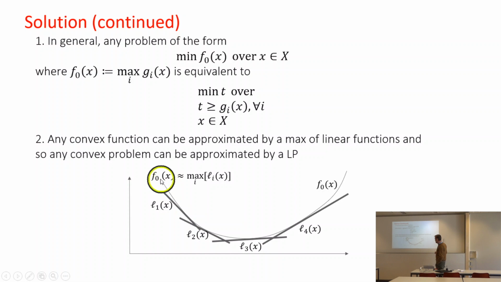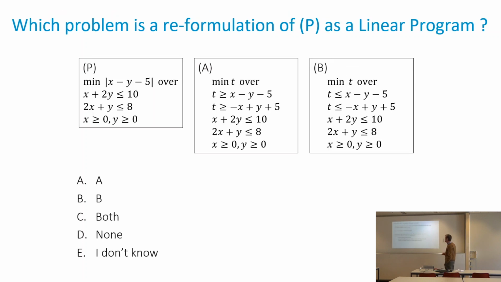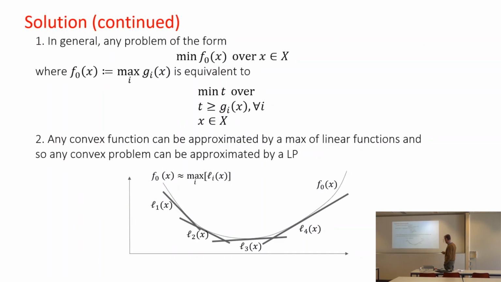So f0, this convex function, for example, x squared, can be approximated by the max of linear functions, which means that if I approximate this by a max of linear functions, I do it for this and for that, then I can approximately make it a linear program here. So this is one of the tricks that's very often used when we have squares. Then we can replace it by a linear program here, right? As we saw here.